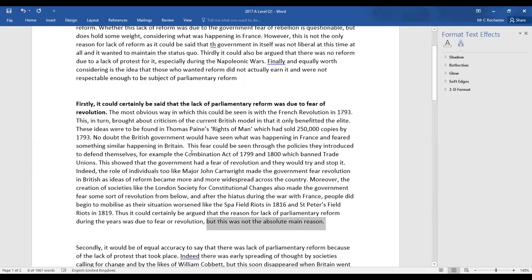You could talk more about why banning trade unions would prevent reform. You could definitely talk more about the actions of the LCS and also introduce the Sheffield Society. And you can also say a little bit more about the Spa Fields riot and St. Peter's Field riots, about how they threatened the government. But this is an acceptable paragraph for the first factor.